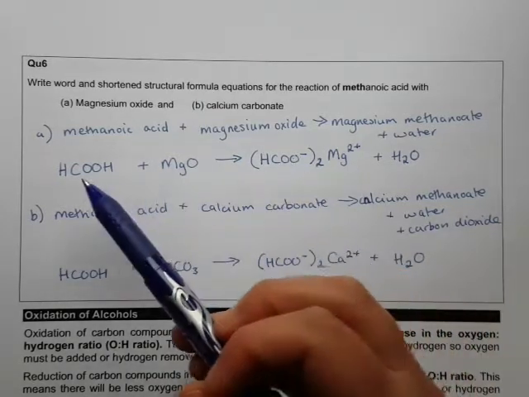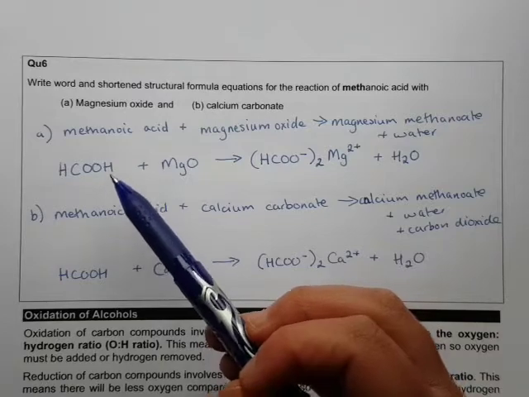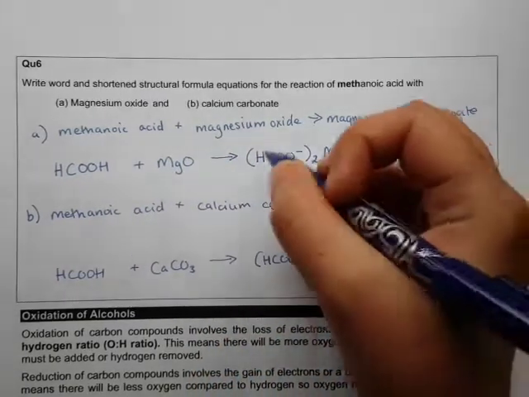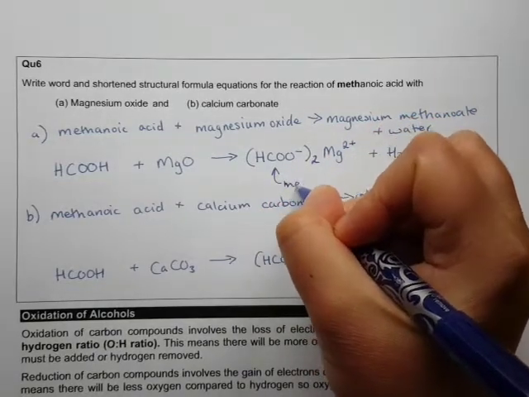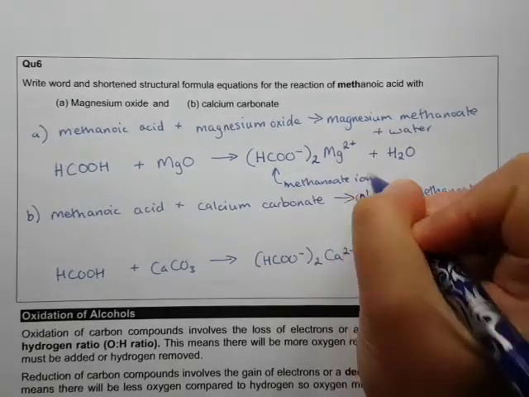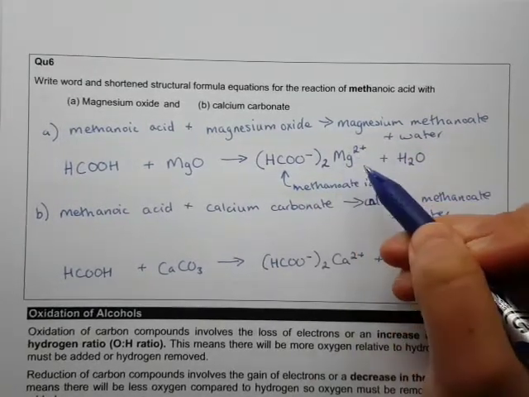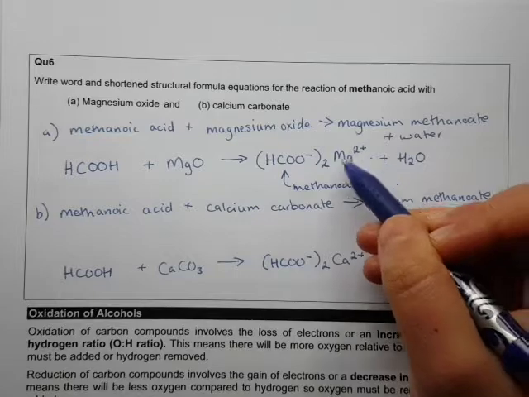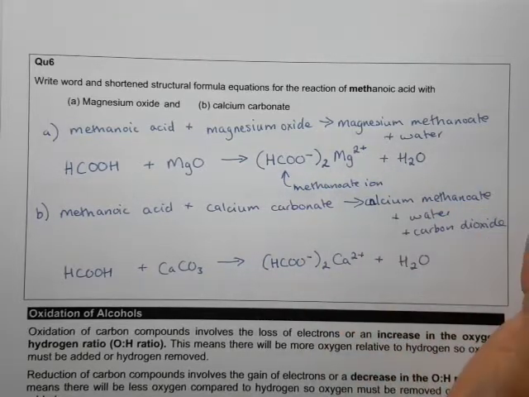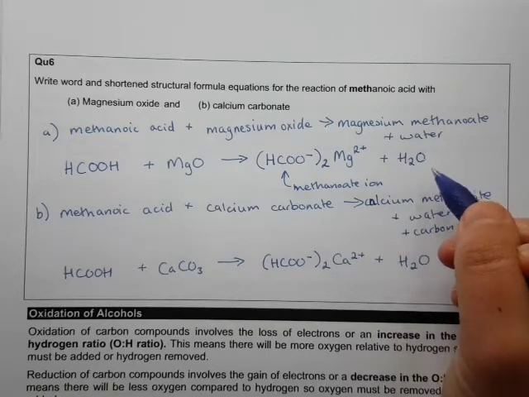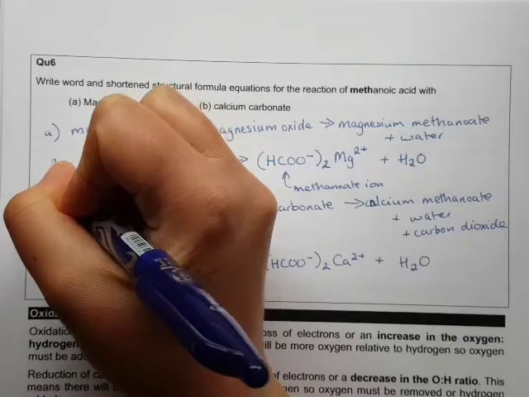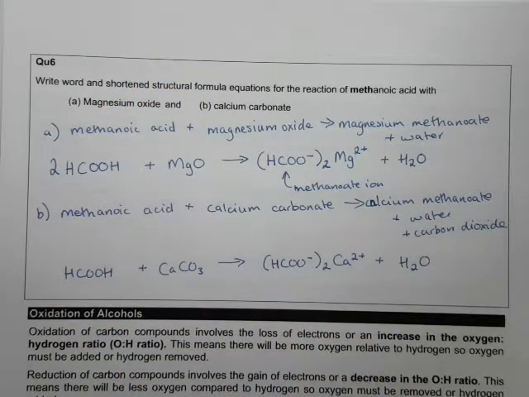Now, remember, just like in the example of heptanoic acid, which I just talked about, each methanoate ion has a charge of 1 minus, whereas magnesium, because it's in group 2 and needs to lose 2 electrons, will have a charge of 2 plus. So we need 2 methanoate ions for every magnesium. And then we're making water in that reaction as well.